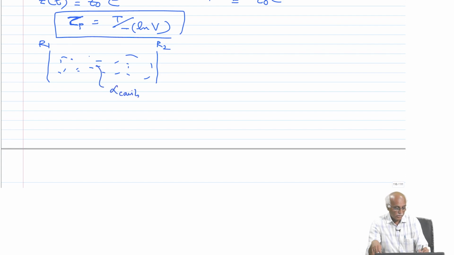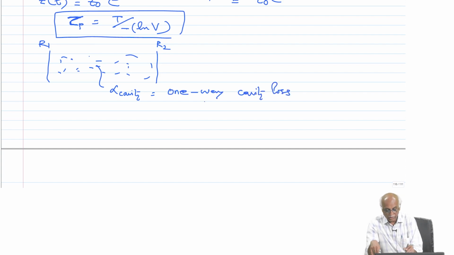Alpha cavity is not the round trip loss; it is the cavity loss in one single way, one trip one way.